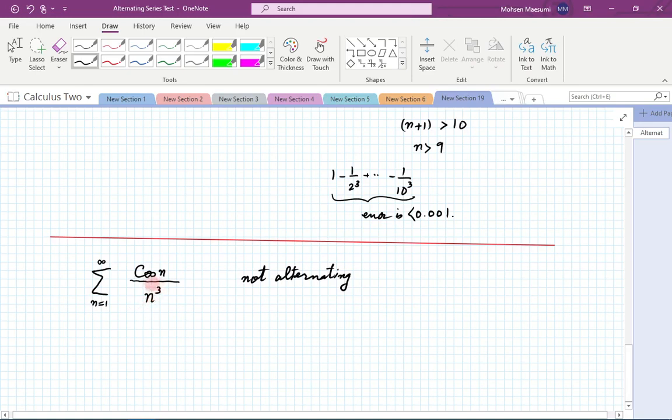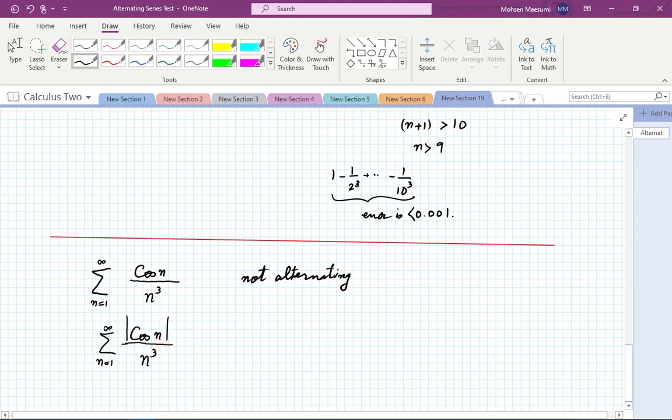One thing we can do is to compare this thing against the absolute value of the same thing. If I take this series and put the whole thing in absolute value, I only need to take the absolute value of the numerator. Well, I'm forcing every term to be positive. Now, we can look at this and ask ourselves, does this thing converge or not?